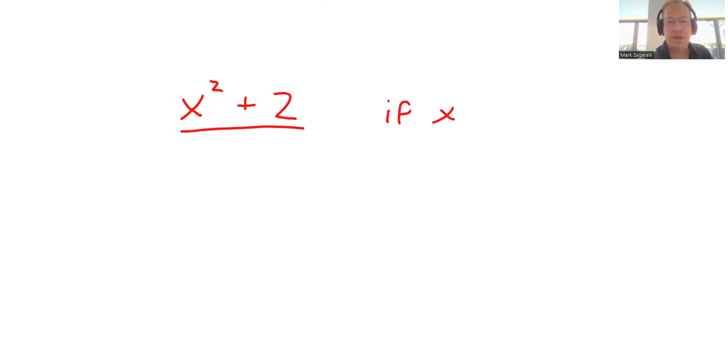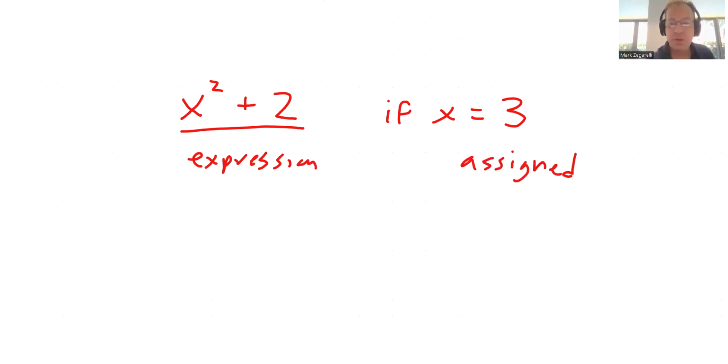We said, for example, x squared plus 2 was our expression if x equals 3. Same idea. We have an expression. We have assigned a value for the variable.